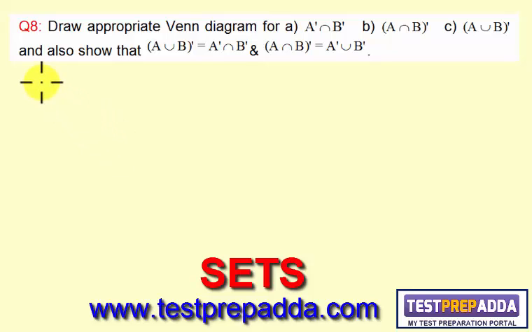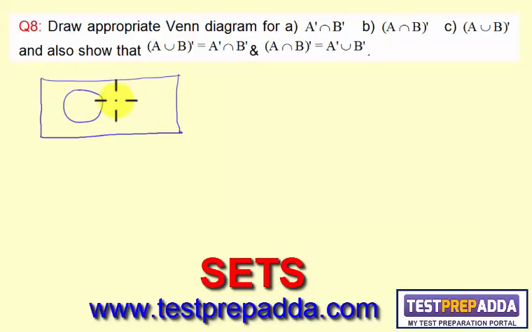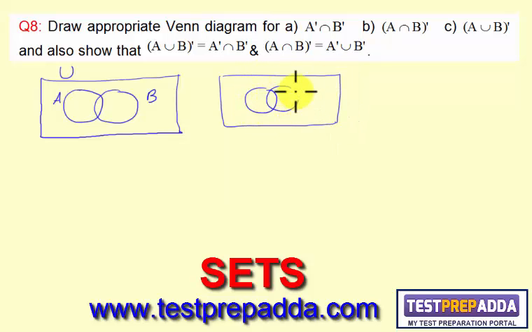Now if I consider this as the universal set and two subsets of this universal set as A, B, then if I try to find the complement of set A, the complement of set A will be, I'll show you, this shaded portion.